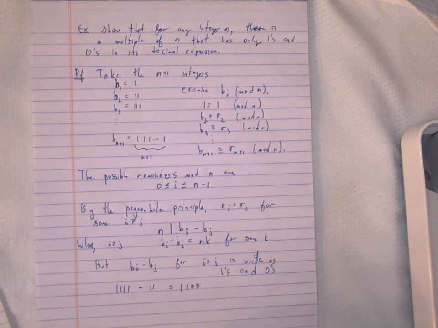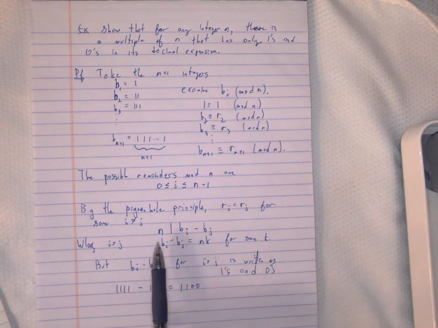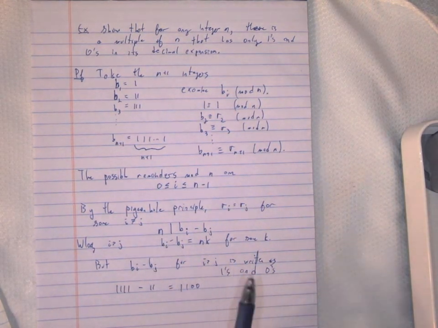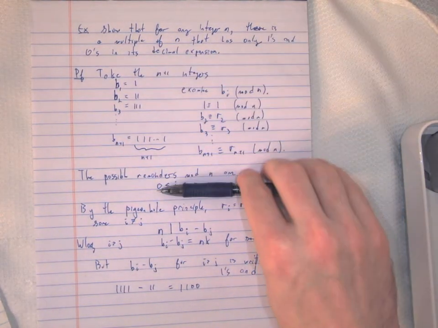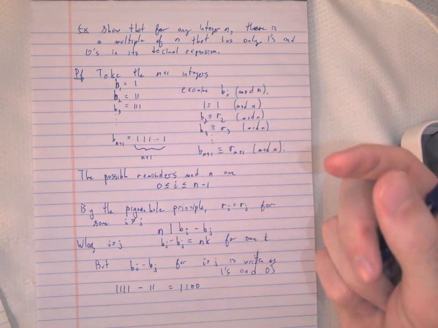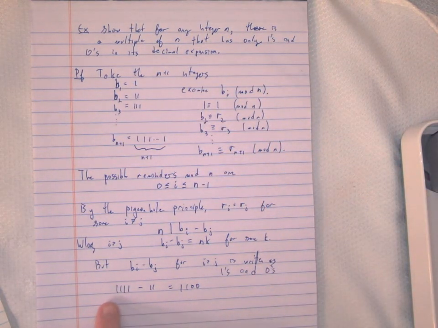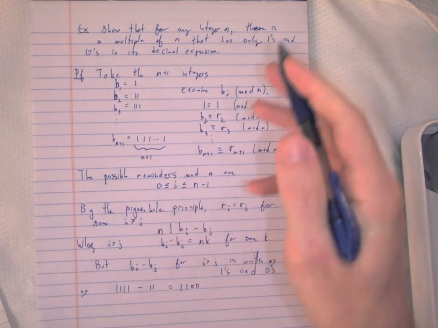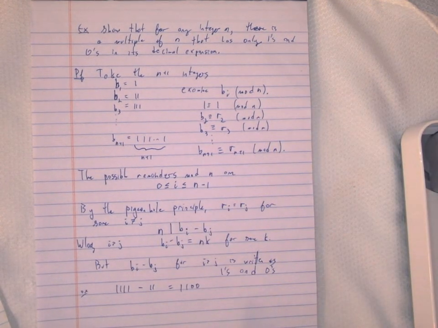So what we've been able to show is that given any integer n, there are two numbers on this list that have the same remainder, so that n divides their difference, and their difference is exactly the number that we were looking for. So this is a really cool use of the pigeonhole principle. I like it a lot.